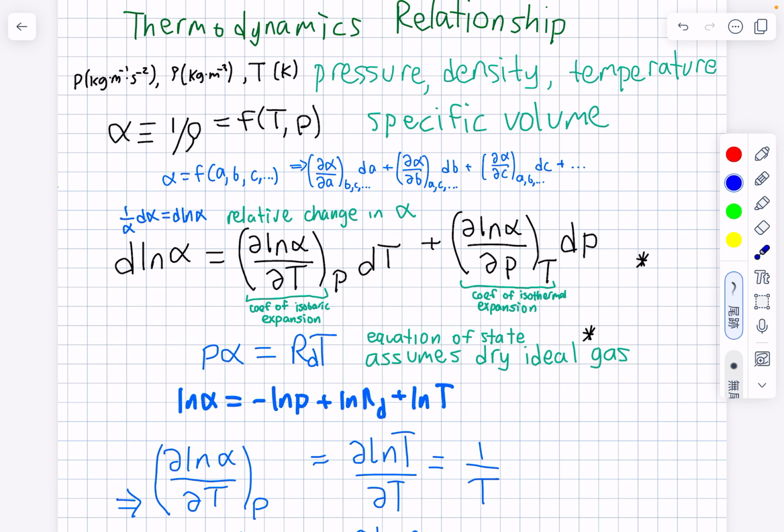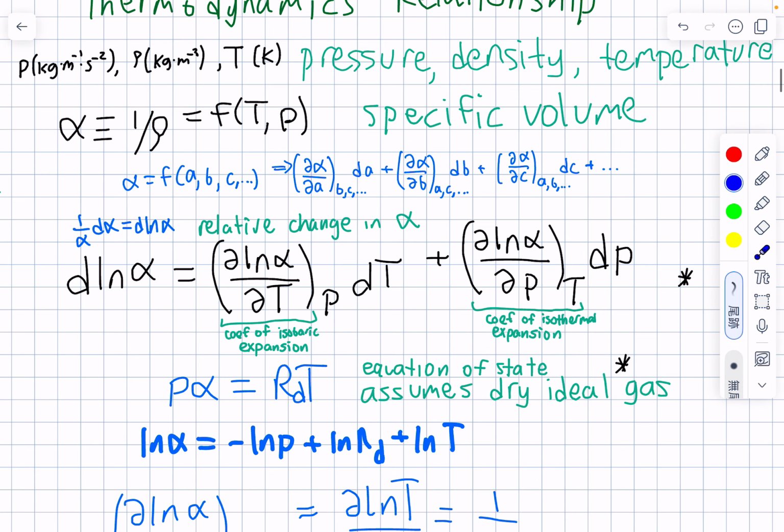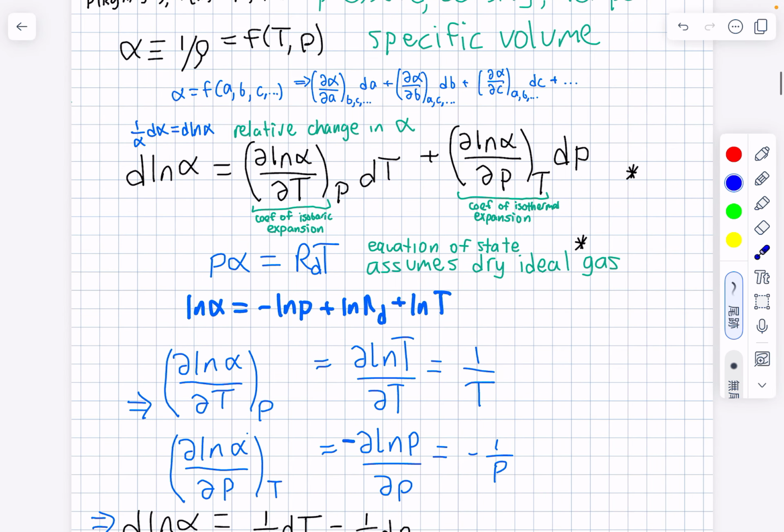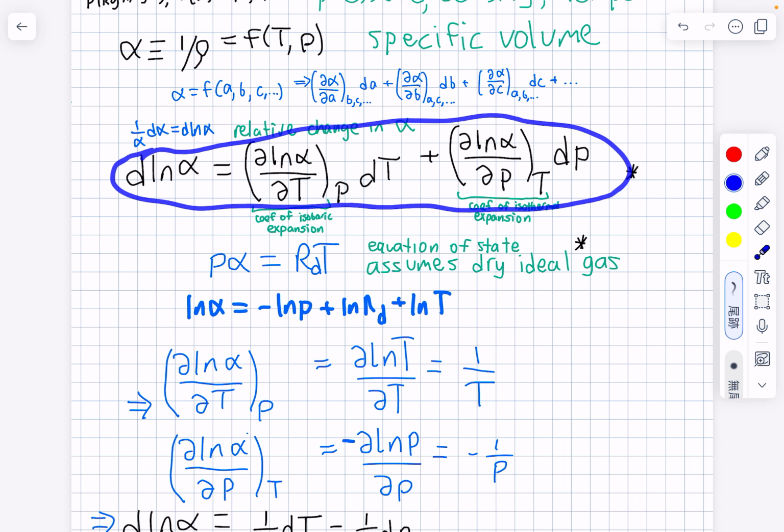And if, for example, it had 3 or more, it would look something like this. If alpha was a function of a, b, c, etc., we'd take the derivative in terms of a, holding all other variables constant, so b, c, etc., dA, and then the next one would be partial alpha partial b, holding a, c, dot dot dot, constant, and then dB. But in our case, we're just going to use this equation.